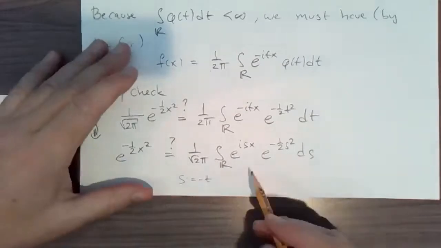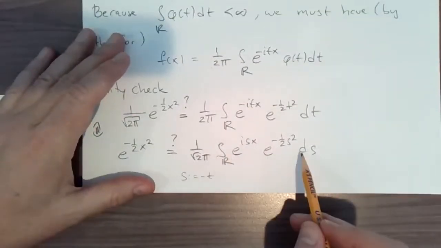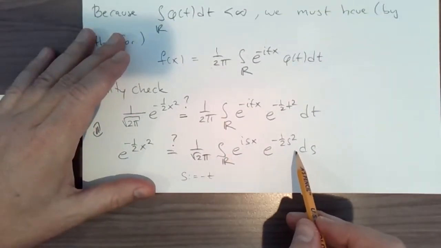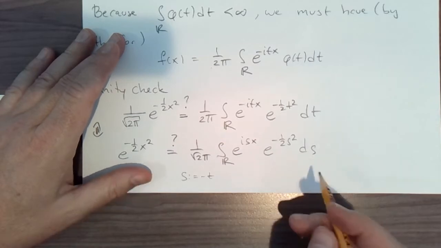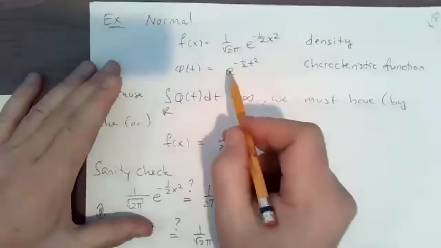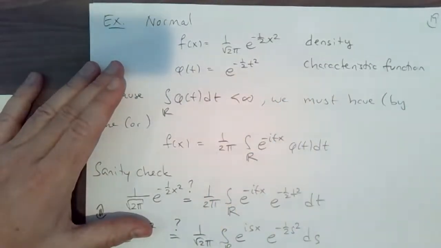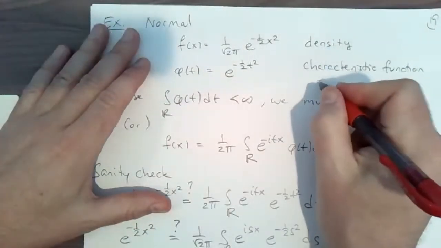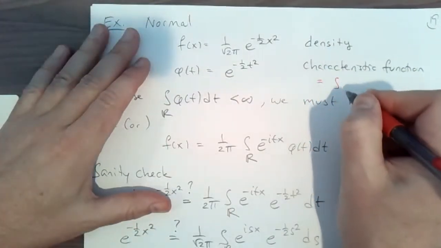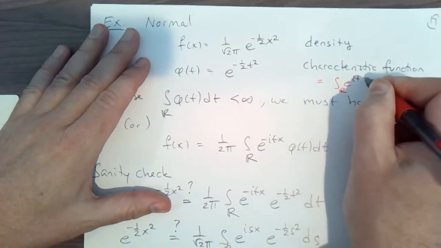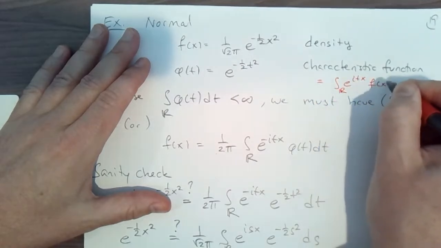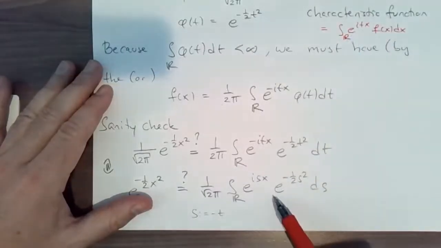And this is true because what we find here is exactly the characteristic function for our normal. Remember, this characteristic function up here was equal to the integral over R of e to the itx f of x dx, and that's exactly what we find down here.